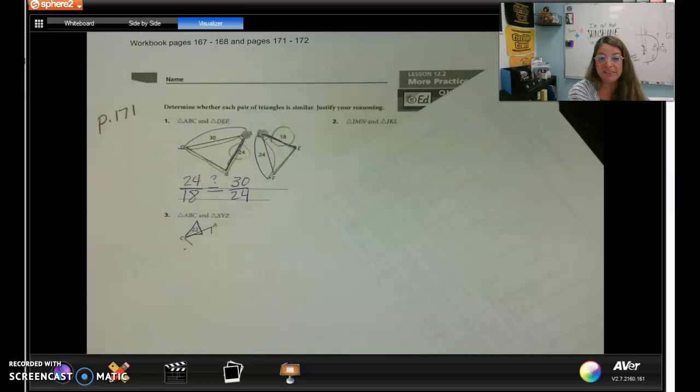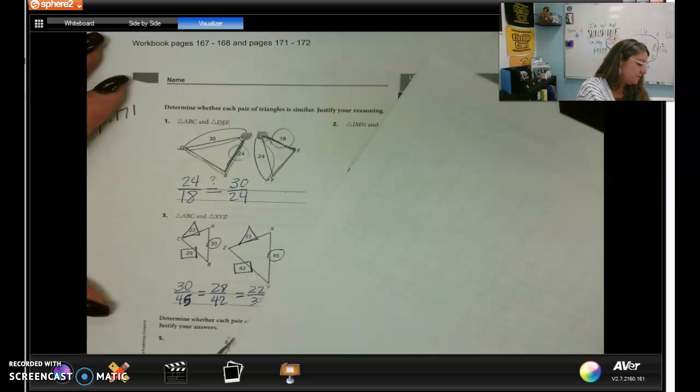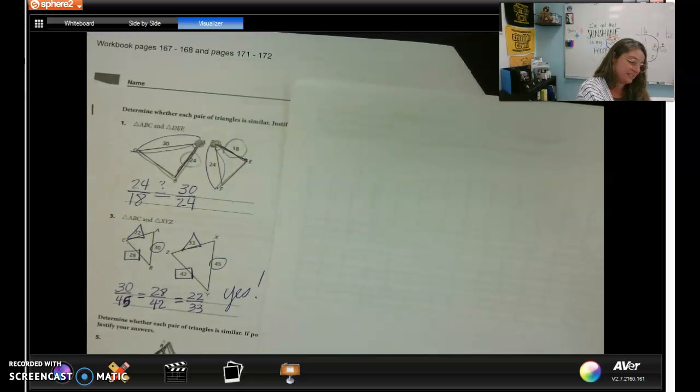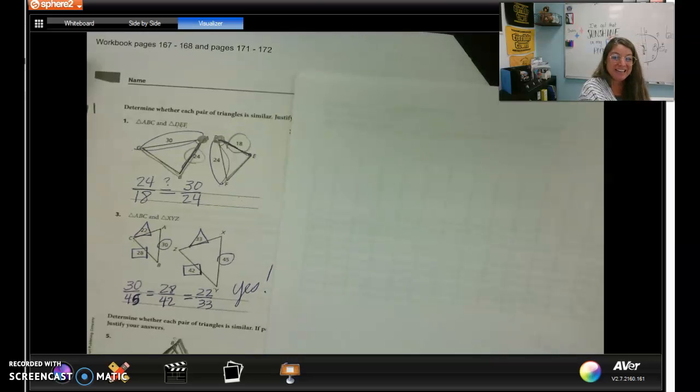Okay? This is the same as the last question. You're just going to divide and see if you get the same answer. If you take a look at question number 3, this is the exact same thing. Again, use those letters to help you figure out which sides are going to be similar.